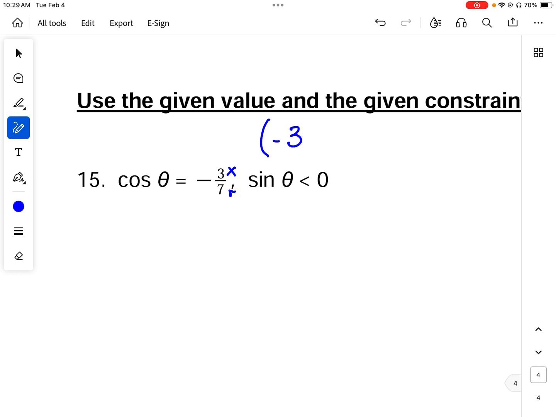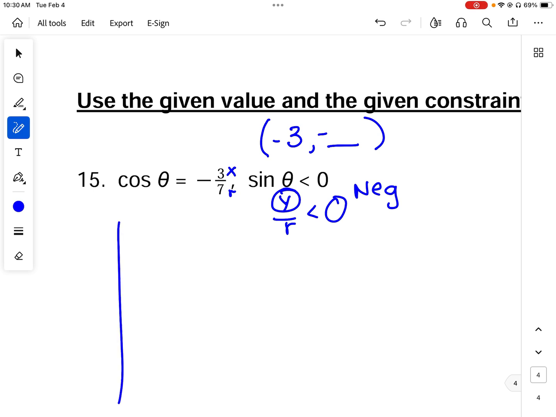That's what I know. Then it says sine of theta is less than 0. Sine of theta is y over r, which is less than 0, so that means it's negative. R is always positive, so y has to be negative.